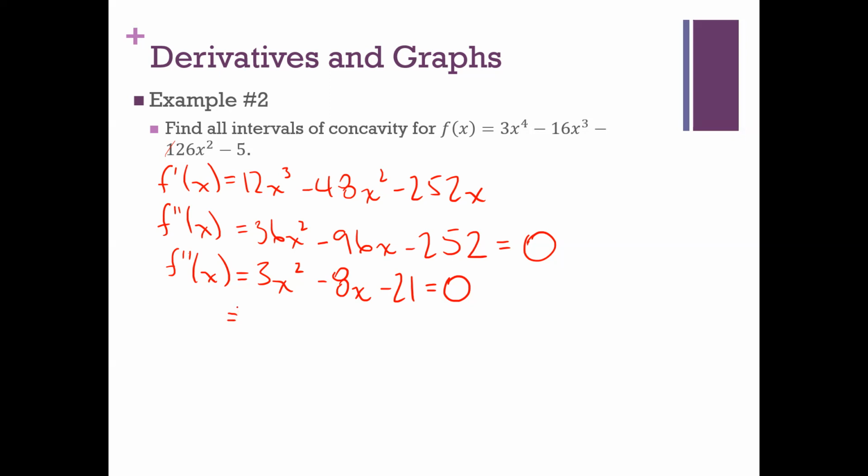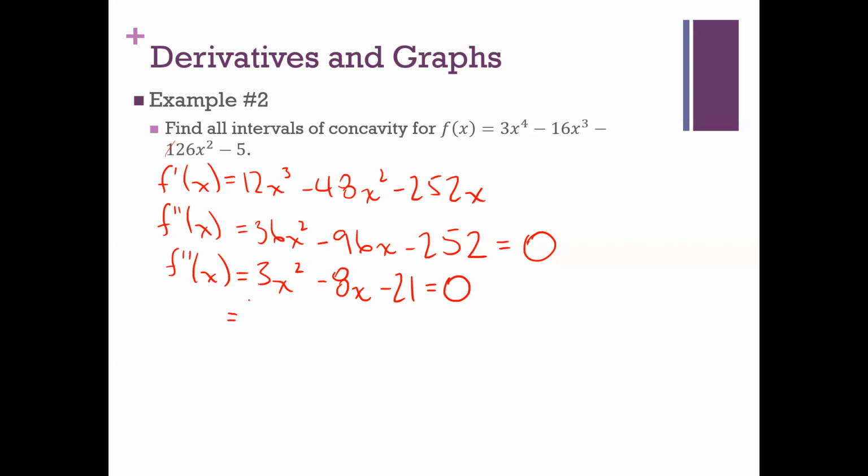What multiplies together to give me negative 63 and adds together to give me negative 8? Or does this not factor at all? It doesn't factor.